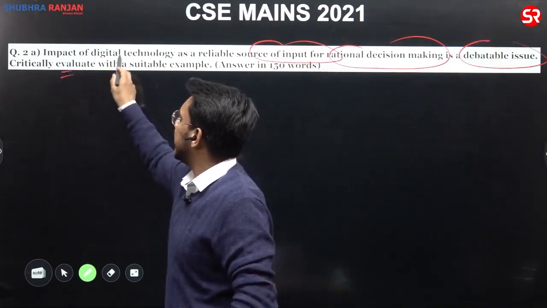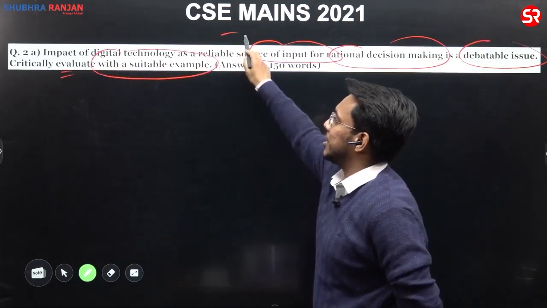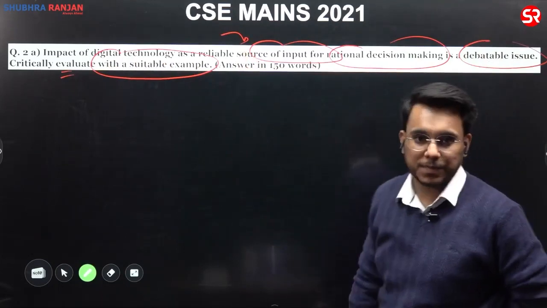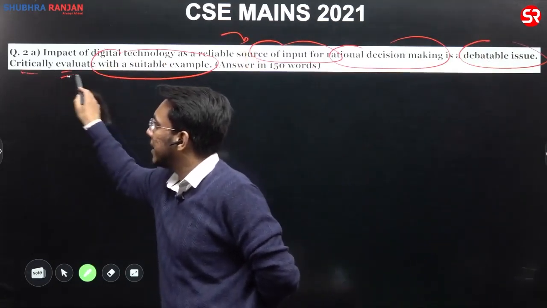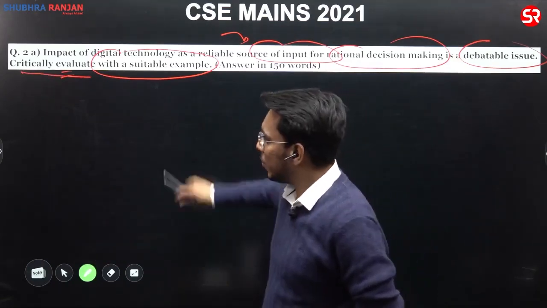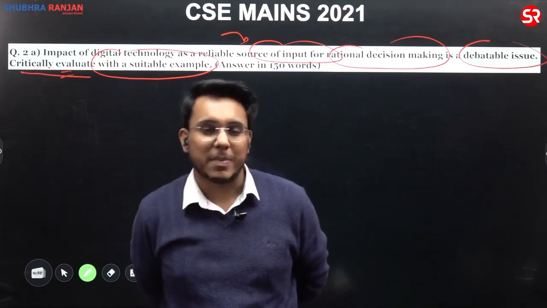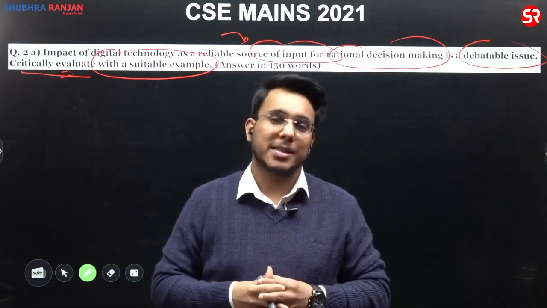Critically evaluate with a suitable example. Fine. Now, what is the keyword here? Critically evaluate. Critical evaluation being the keyword here, you need to give the arguments of both sides.